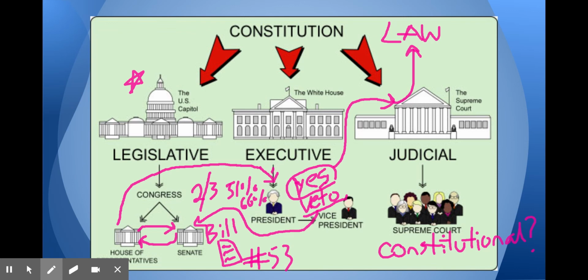However, the reason why this power is in place is because if the power of the president becomes too great and he or she is simply vetoing everything, even really good bills that both sides agree on, the legislative branch has the power, if they get this 2/3 vote right here. If they get this 2/3 vote, guess what? It bypasses the executive branch.